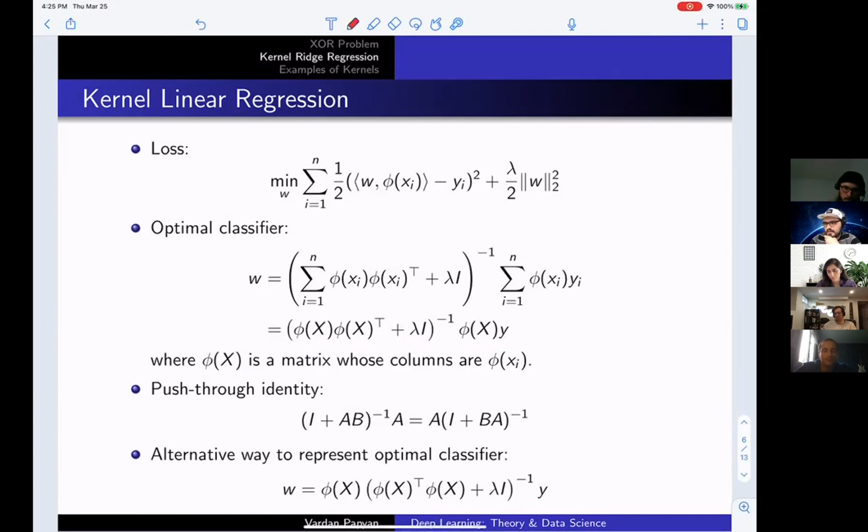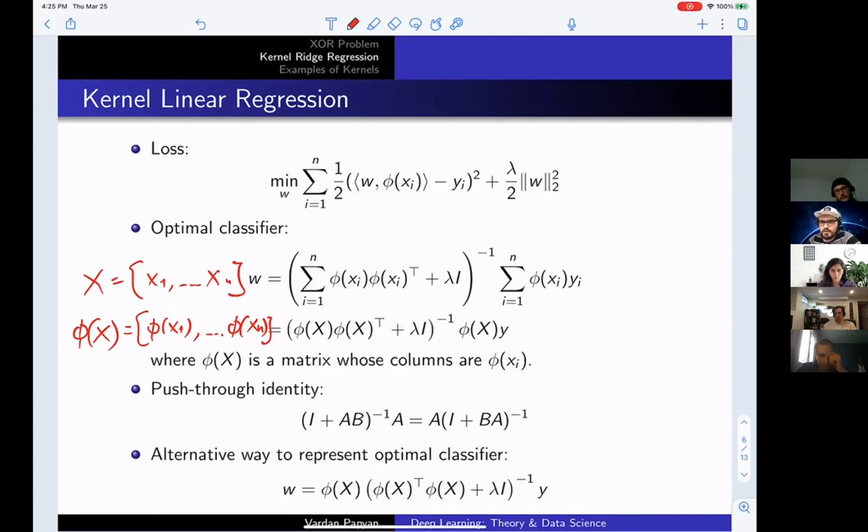So if X was a matrix of x1 all the way to xn, then phi of x is just a matrix where each column is phi of small x, so it's phi of x1 all the way to phi of xn. Does this make sense? So it's just a matrix of the feature vectors.